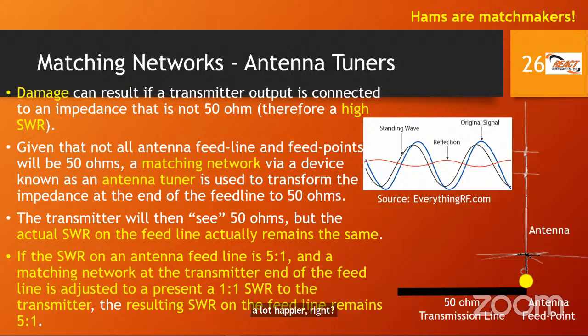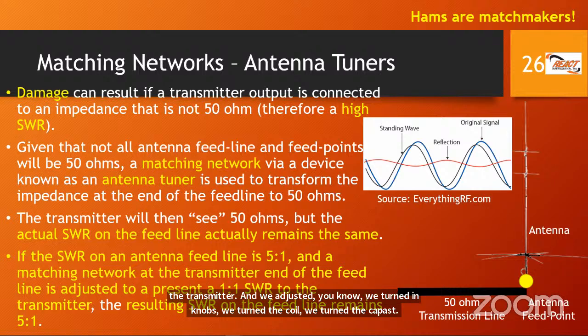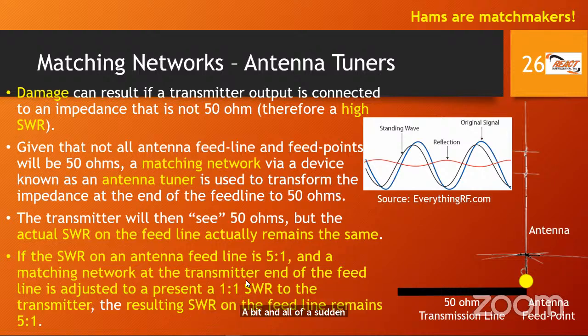So if, for example, the antenna feed line has an SWR of 5:1, and we put in an antenna tuner or matching network by the transmitter, and we adjust it, we turn the knobs, we turn the coil, we turn the capacitor a bit, and all of a sudden now the radio is seeing an SWR of 1:1, right? We need to know that the SWR on the feed line is still 5:1.